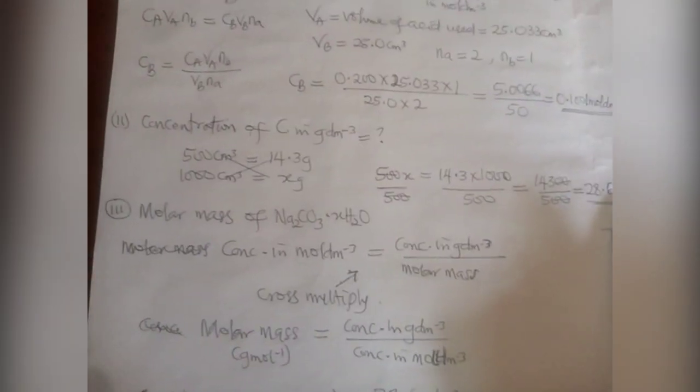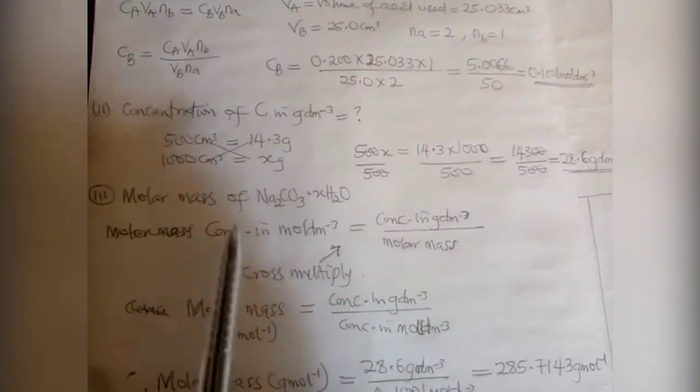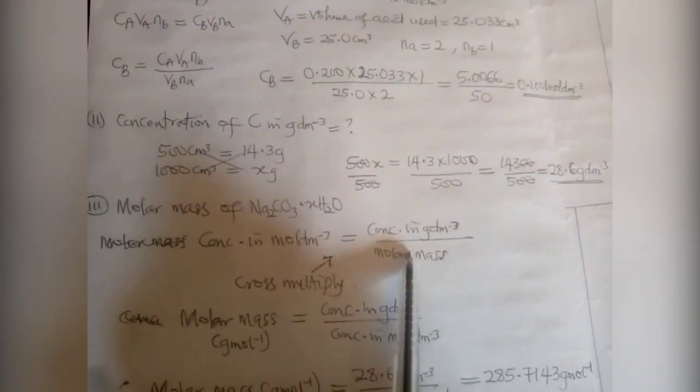So if you have that, you can now go to the molar mass of Na2CO3.XH2O. Because in number 3, you have to calculate the molar mass. In order to know your molar mass, you make molar mass the subject of formula here.